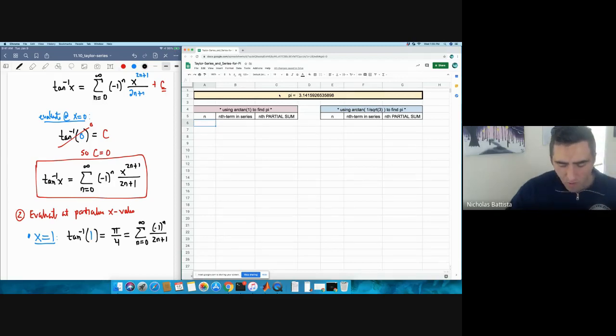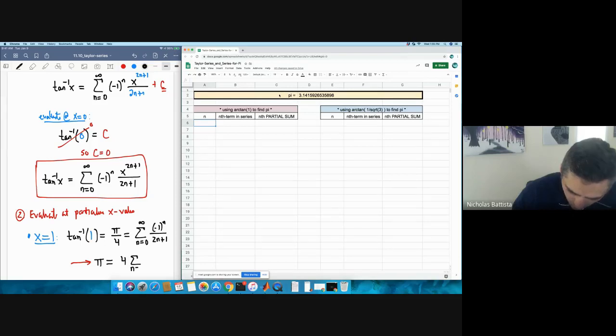Because when x equals 1, we just have 1 to the 2n plus 1 power, and that's always going to give us a 1. So if we're looking for an approximation of pi, or a series that represents pi, all we need to do from the above line is solve for pi. So if we just multiply that series on the right by 4, we have our first series that represents pi: 4 times the infinite series from n equals 0 to infinity of negative 1 to the n all over 2n plus 1.